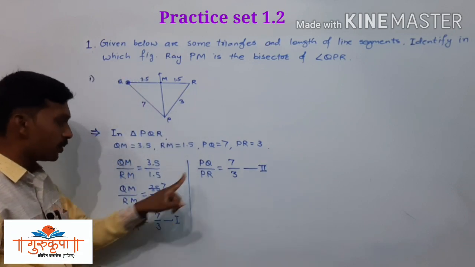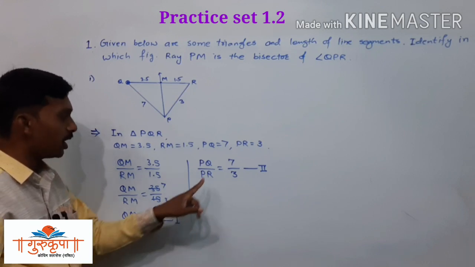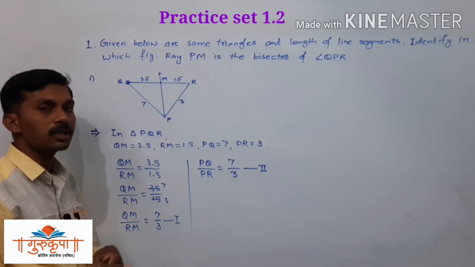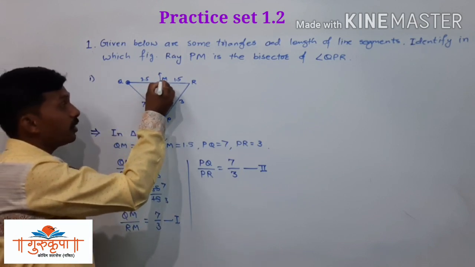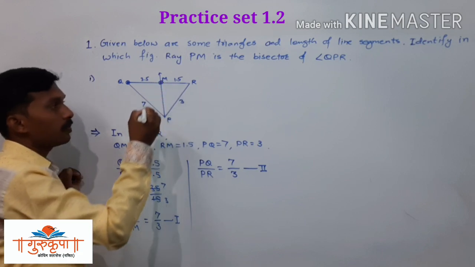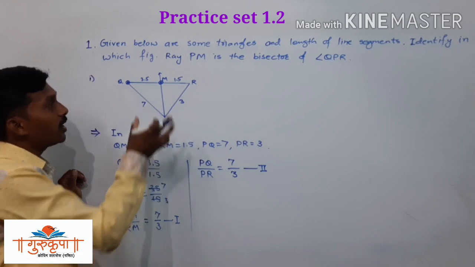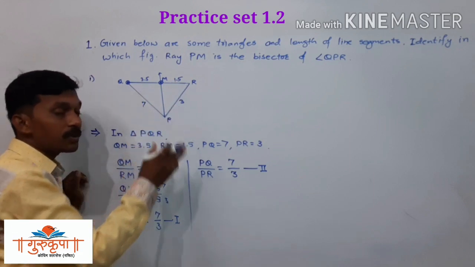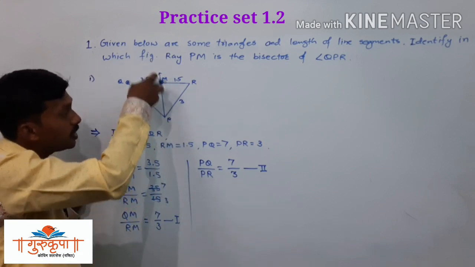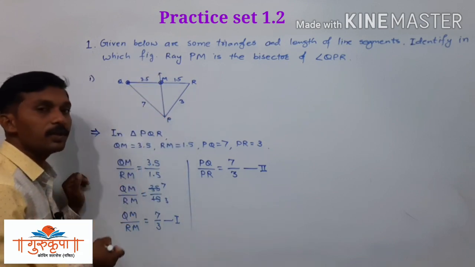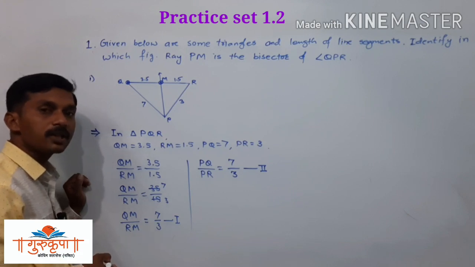Now both the ratios are equal. See, the value of QM upon RM is 7 upon 3 and the value of PQ upon PR is also 7 upon 3. It means that this point M on the side QR divides the side QR and the remaining two sides proportionally. So PM is the bisector of angle QPR, by using the converse of the angle bisector property.